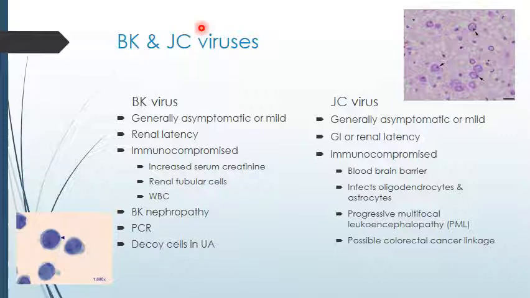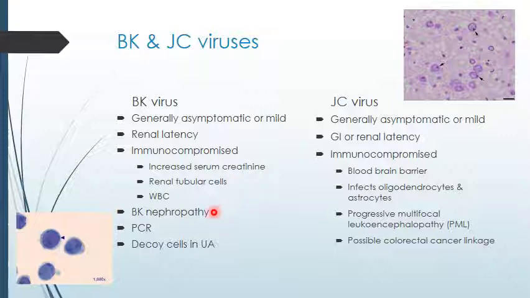Now, this can be a problem with any transplant because we do suppress your immune system on purpose, of course, but unfortunately it can lead to what's called BK nephropathy. This is post-transplant now, so you had the virus already. In the first case, if you're immunocompromised, you could see progressive renal failure.